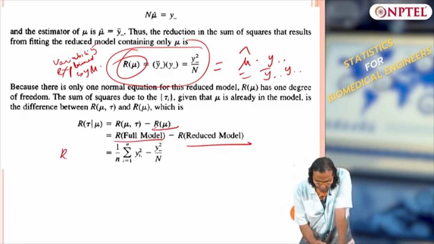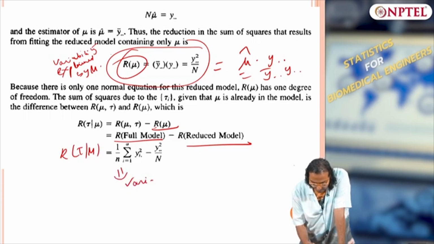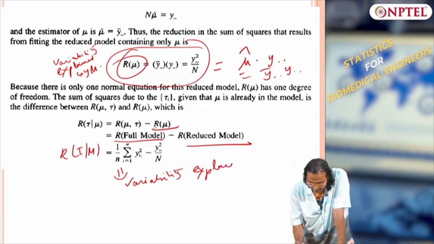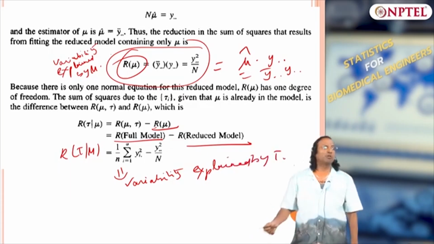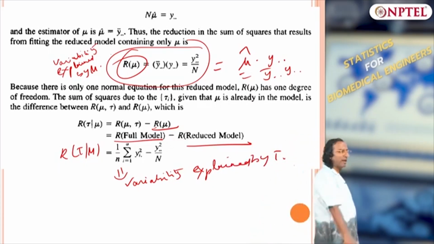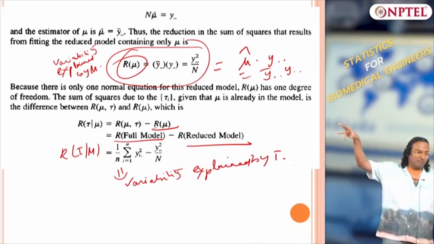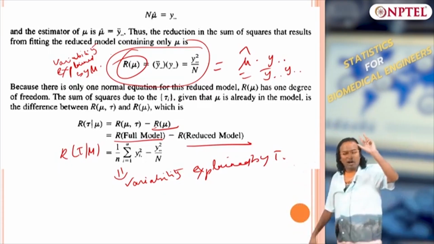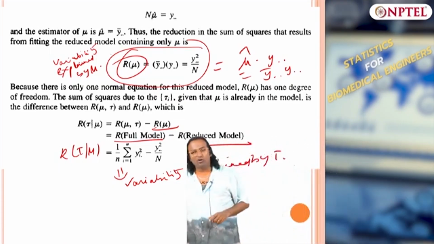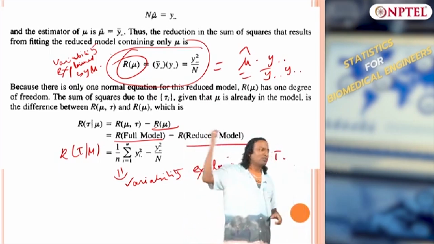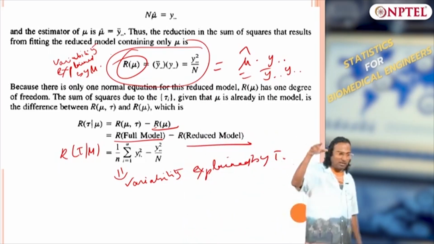So this is my R(tau given mu), the variability explained by tau. I am looking at two parameters, the a plus 1 parameters, that is mu and tau i, these are the parameters I fit. So what is the variability due to mu alone? R(mu) is nothing but mu hat into the right hand side, which is y dot dot. So mu hat is nothing but y bar dot dot, that is the estimate.